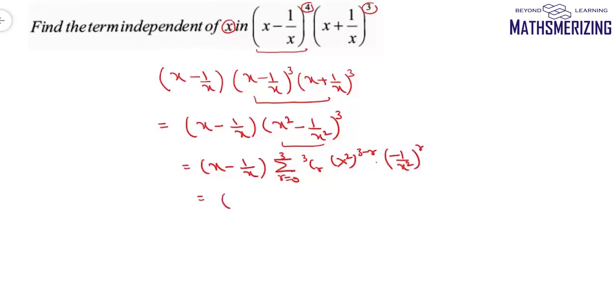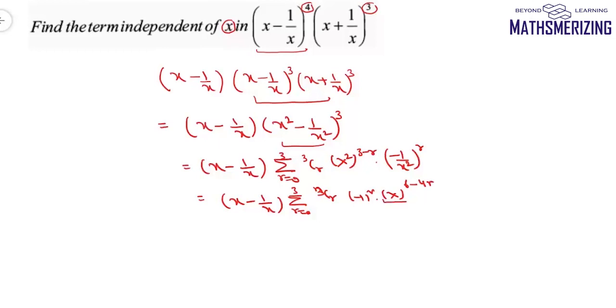So it will be (x - 1/x)^r, where r varies from 0 to 3, C(3, r), and then (-1)^r, and there will be x^(6 - 4r).